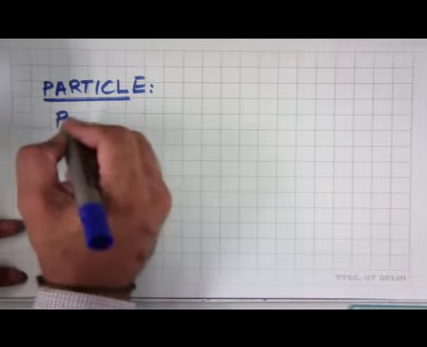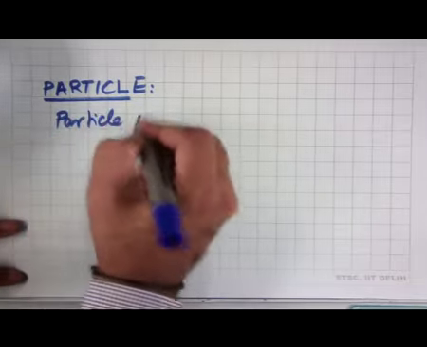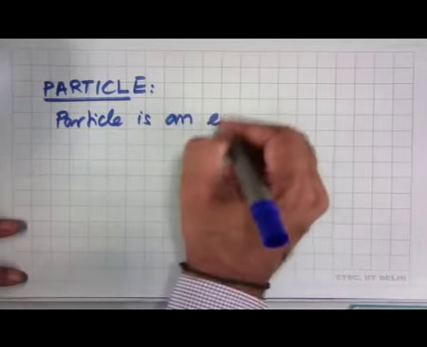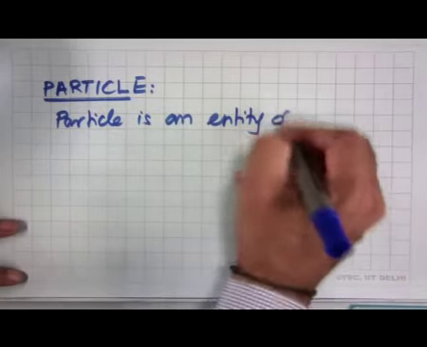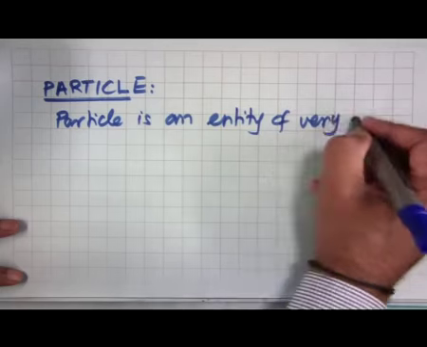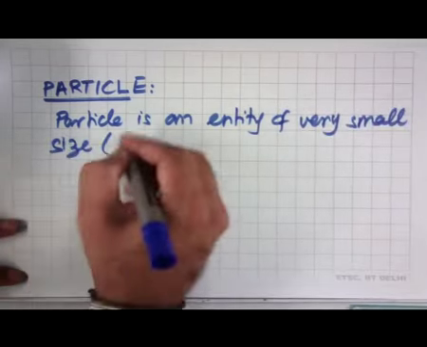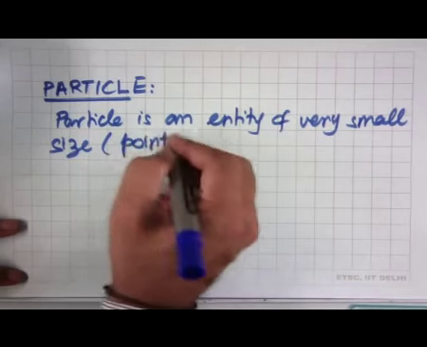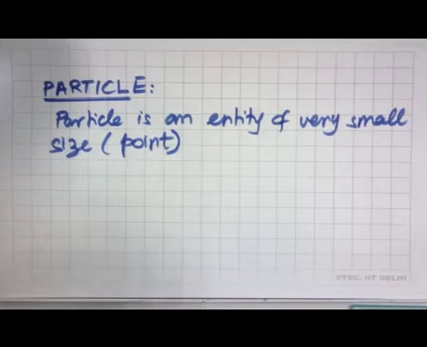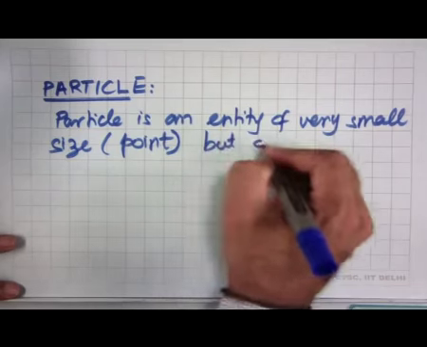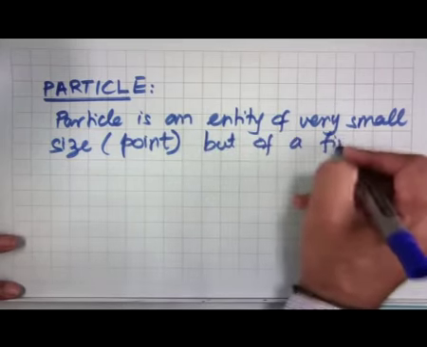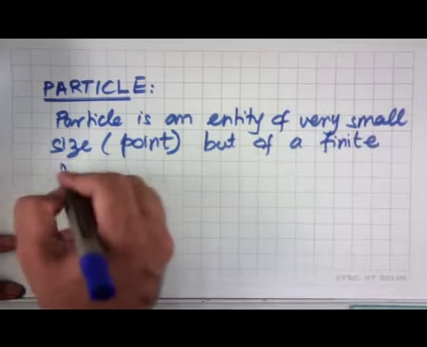A particle is an entity of very small size, which means we will idealize this to be a point, but of a finite mass.